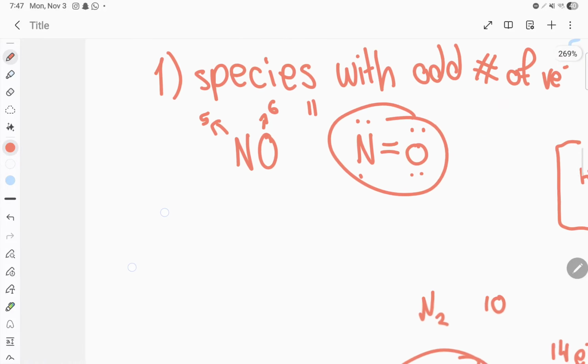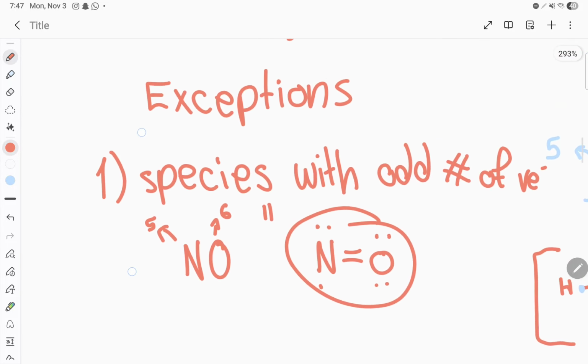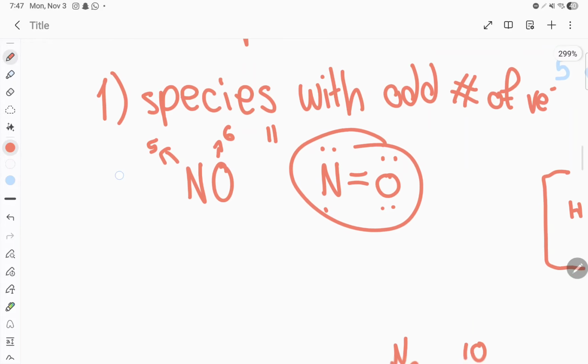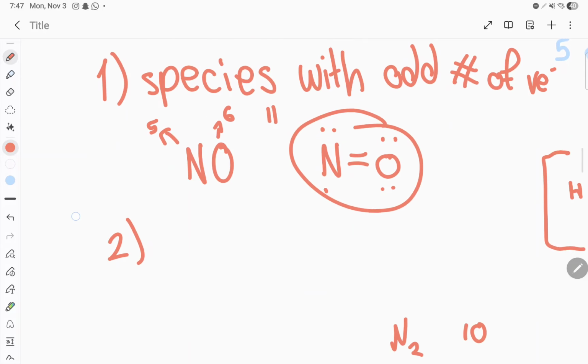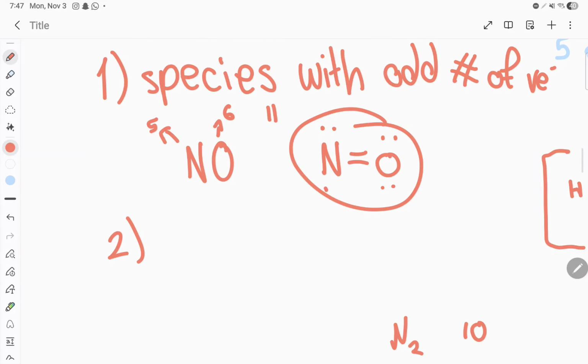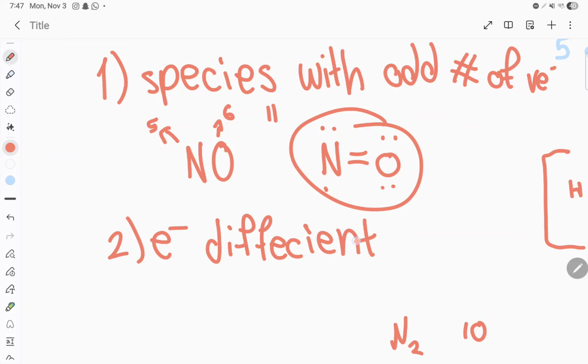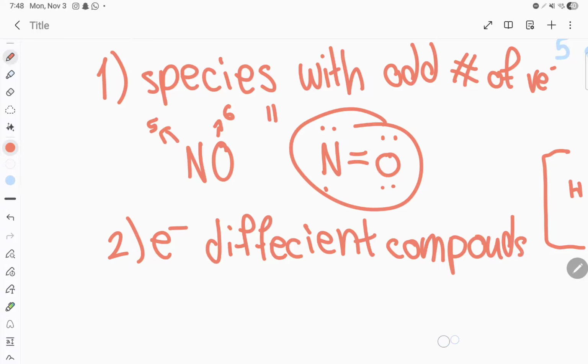Now your second exception is electron deficient species. What I've seen is they usually come from group 3 and 5, but don't take it as a rule.